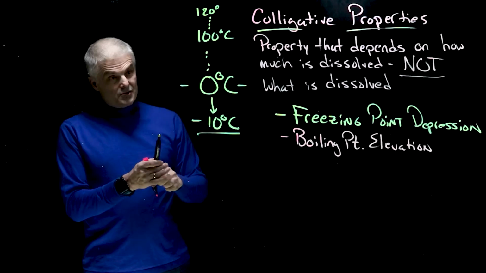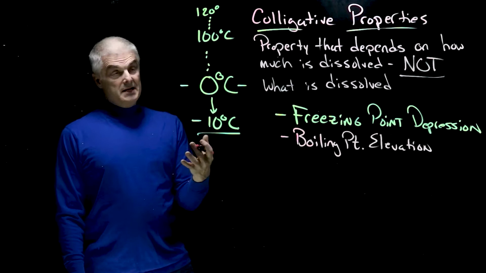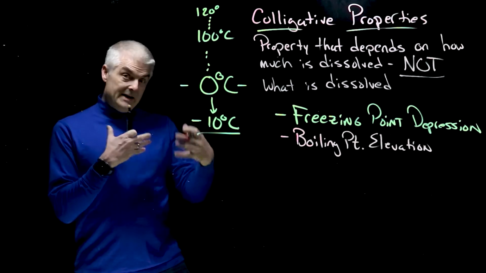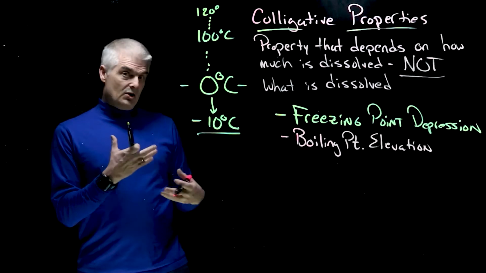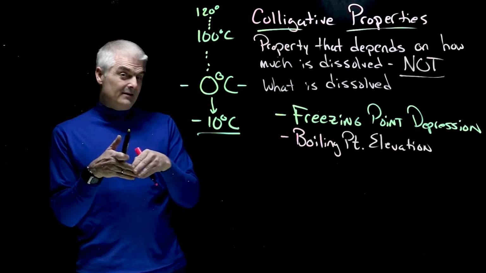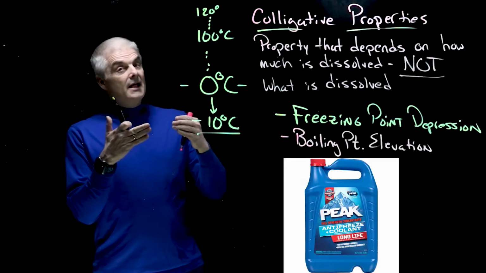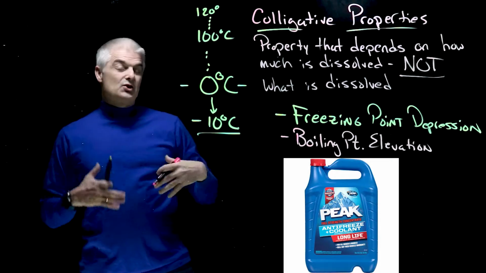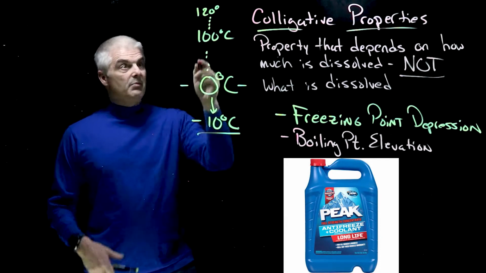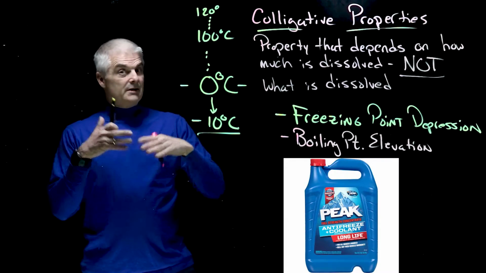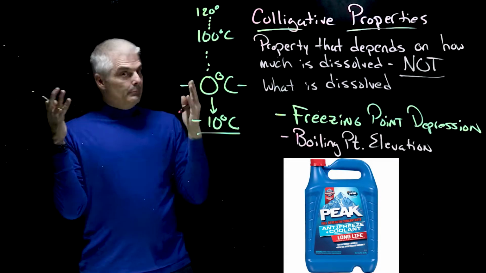Now, there's actually a very interesting application that you may or may not know about. In your car, your automobile, there is a radiator, and the radiator cools the car. And they fill the radiator with a fluid called ethylene glycol. It's actually ethylene glycol in water. And because it raises the boiling point, as the car gets super hot, above 100 degrees, it doesn't boil the liquid, because if it boils the liquid, it'll explode your radiator. Bad, right?